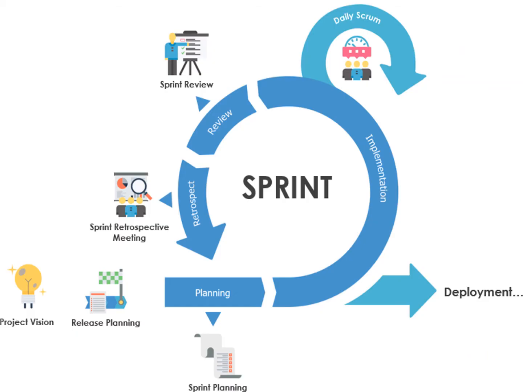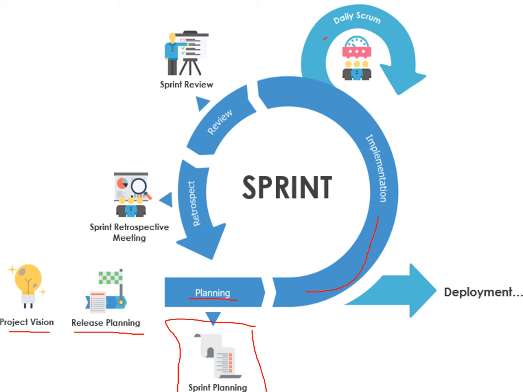Okay, so just to make it easy and summarize, we start with planning, which comes from the project vision and release planning, and this can be done in the sprint planning meeting. And then we have the implementation.